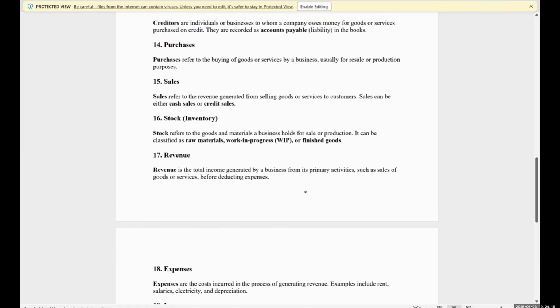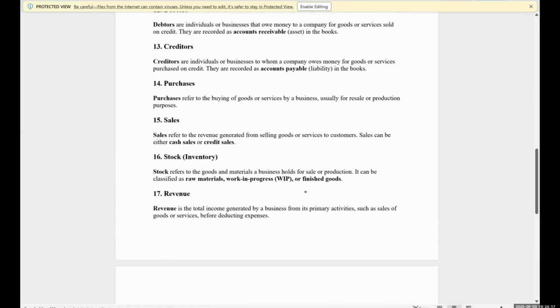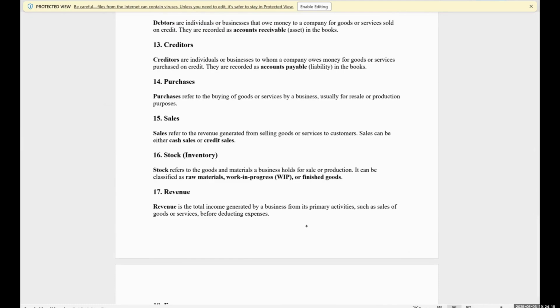Revenue means, suppose you have a car showroom, you started a business of selling and buying cars, and if you sell a car, on each car you are getting 1 lakh profit, that 1 lakh profit we call as revenue. Did you understand? Yes, ma'am. Okay.